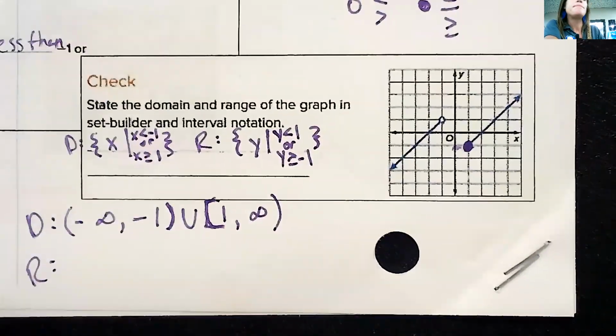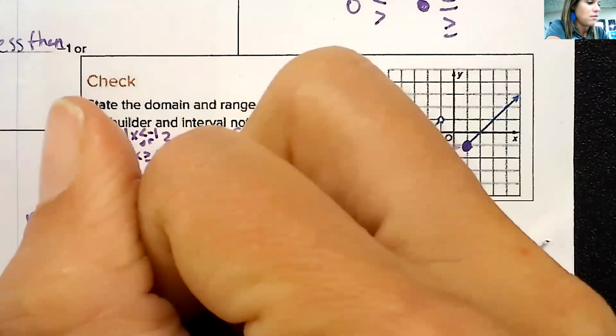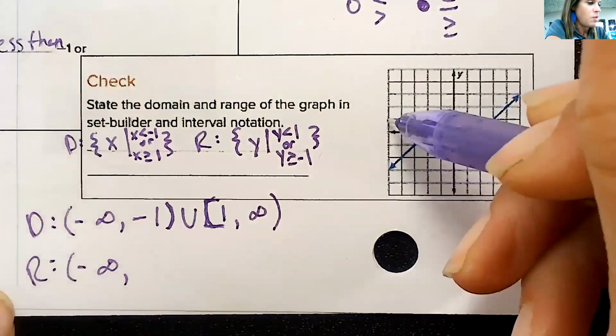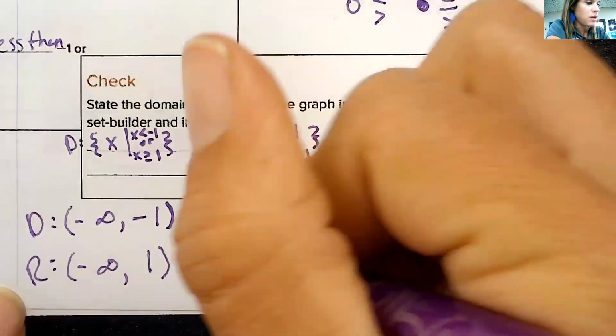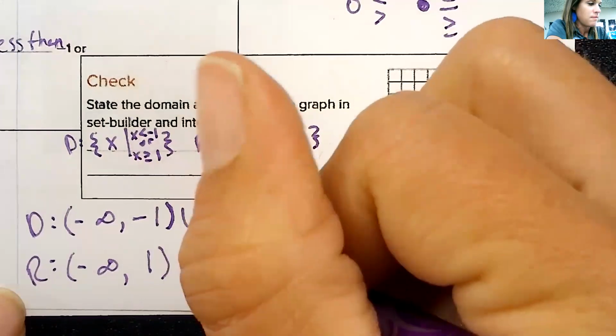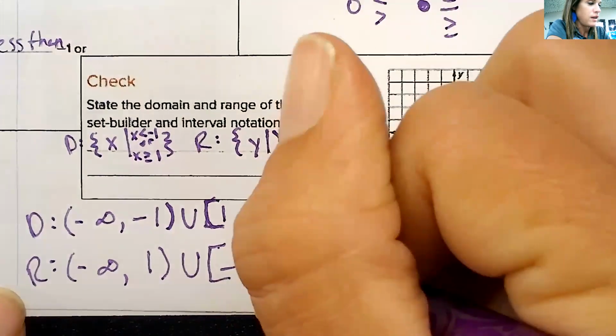That's the domain. The range. The range goes from -infinity up to 1, but it doesn't include it, joined with, and then it starts over here at -1 with a bracket and goes up to infinity.